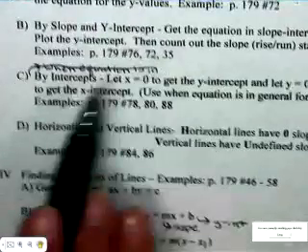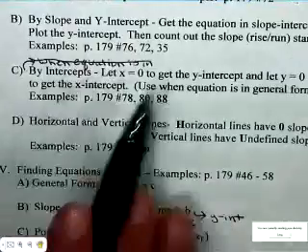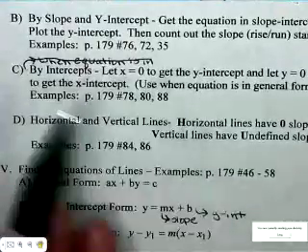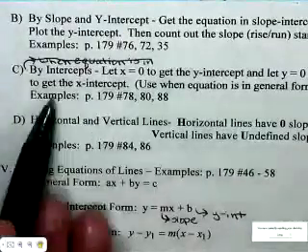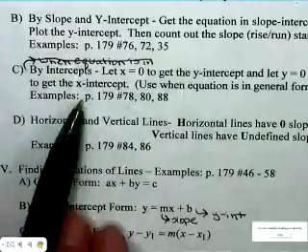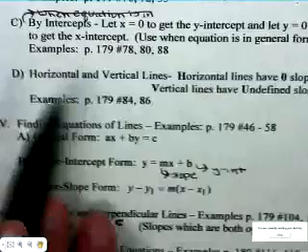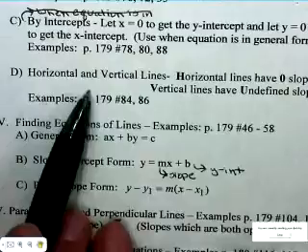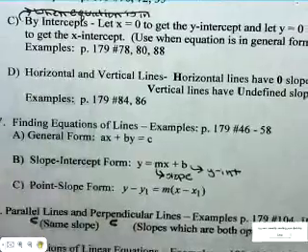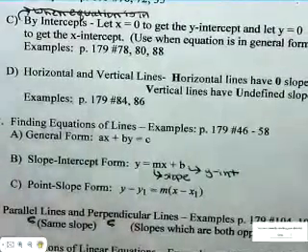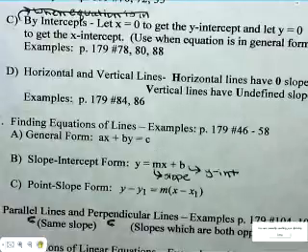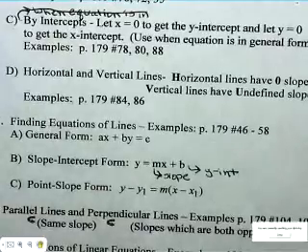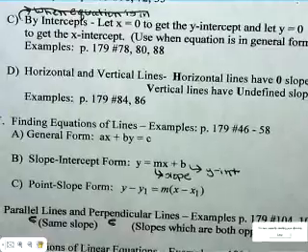Let's just let x be 0 to get the y-intercept and y be 0 to find the x-intercept. The only time I don't use one of these two methods is when I have a horizontal or vertical line. If your equation only has one variable in it, an x with no y or a y with no x, then it's not a diagonal line. It's either horizontal or vertical.